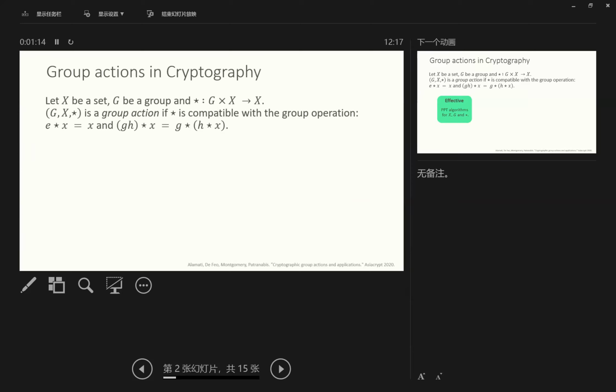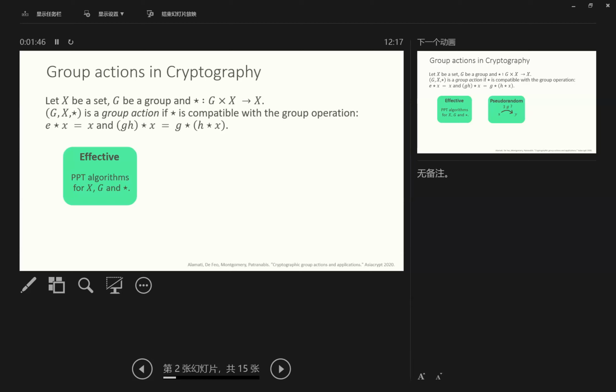We have a set X, a group G, and a star map G times X into X. We call this a group action if the star is compatible with the group operation. So we want the neutral element of the group e to act like the identity on X, and the product of the group must distribute well with respect to star.